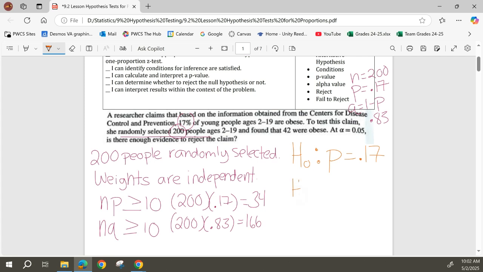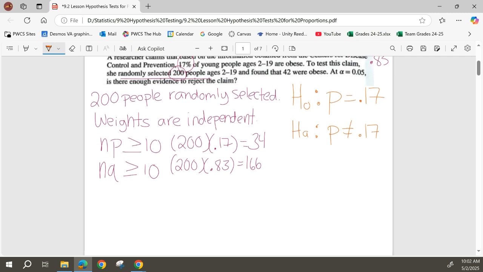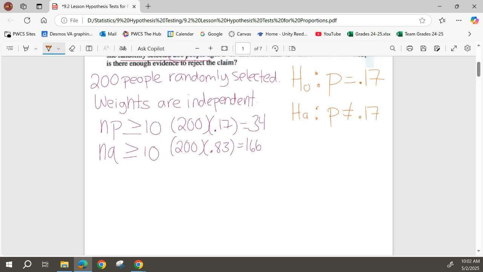So when we are writing our alternative hypothesis, we're going to change that equals to a not equals. Just because we haven't established that we think that the proportion is greater, or we haven't thought that the proportion is less. We just want to know if it's different. And so that's a not equals to alternative, which means when we are calculating, we are going to have a two-tailed test.